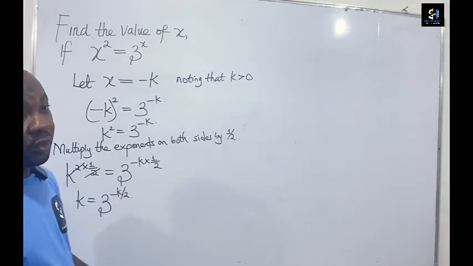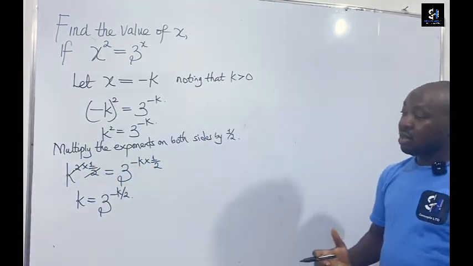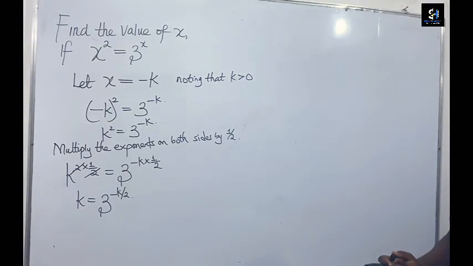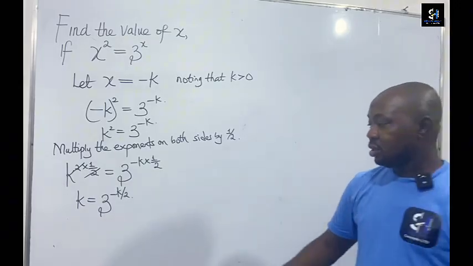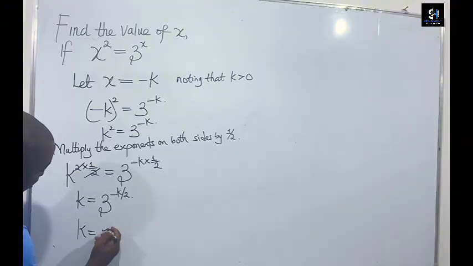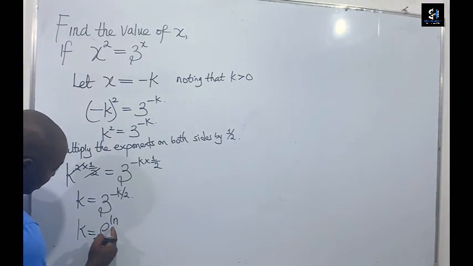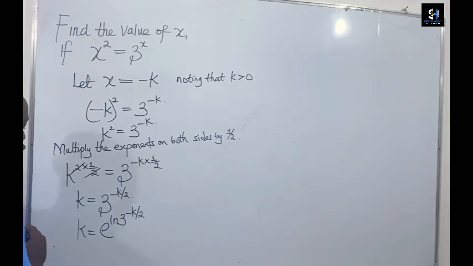Now, let's not forget that because I said we're going to use numerical or a specialized mathematical function, that is the Lambert W function, what I will do is exponentiate this. So we're going to have k equals e raised to the ln of 3 raised to the power of negative k over 2.